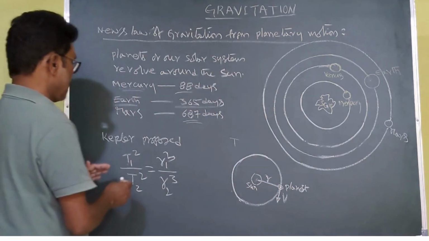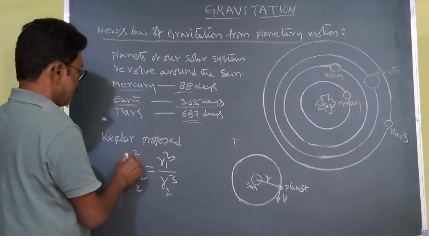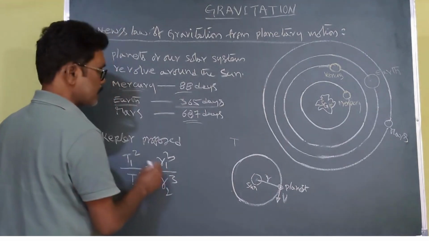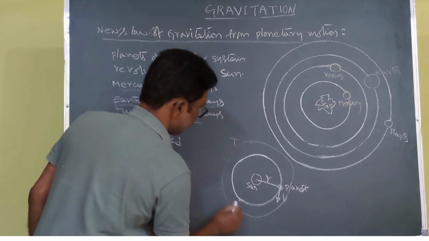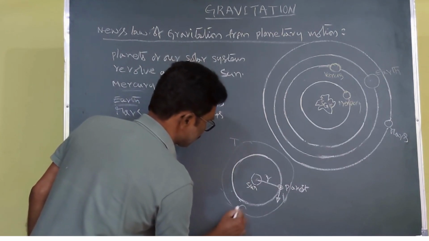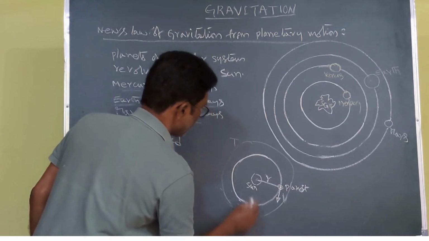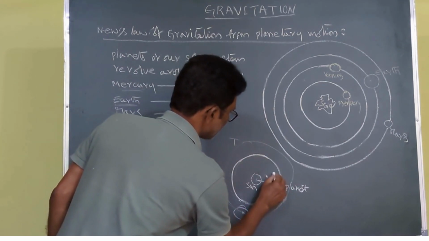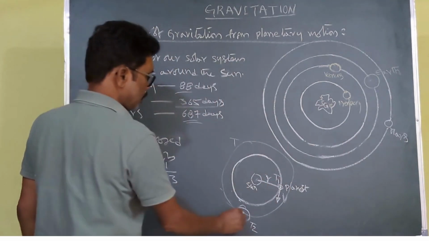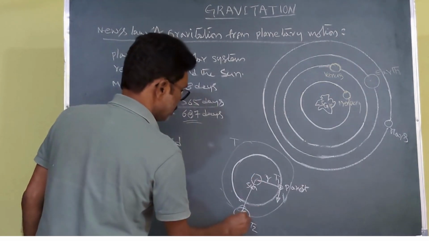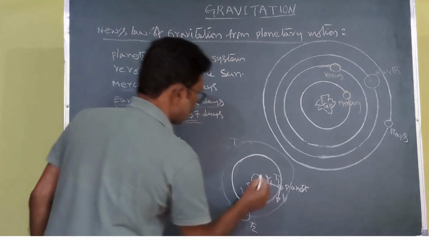Take another planet on another path. This planet takes T1 to complete one revolution, and this planet takes T2. This is R2, and this is R1.